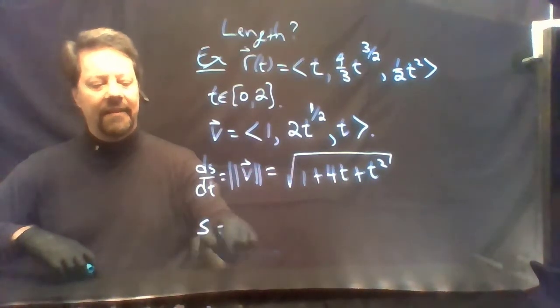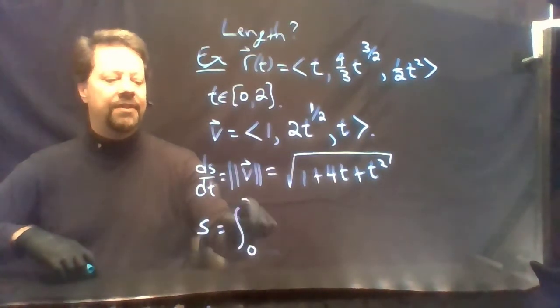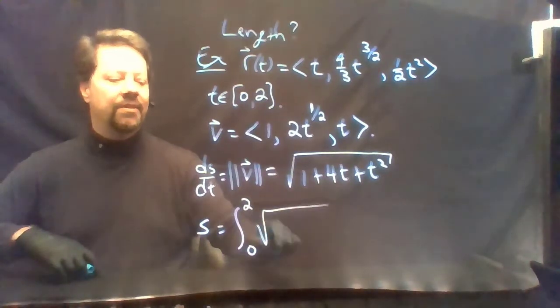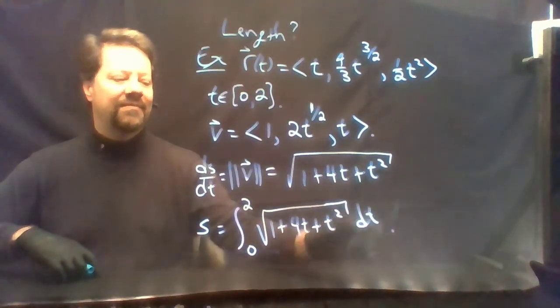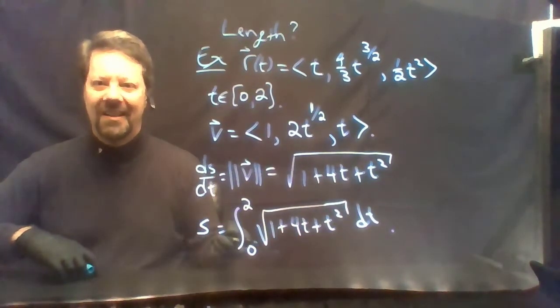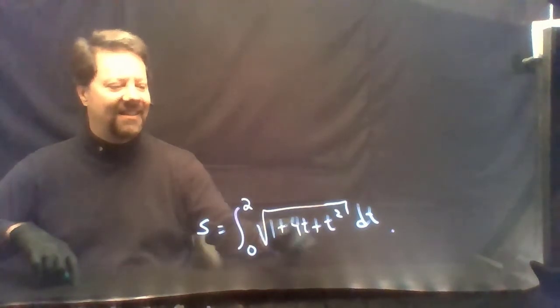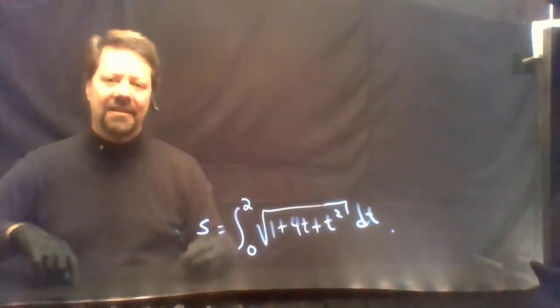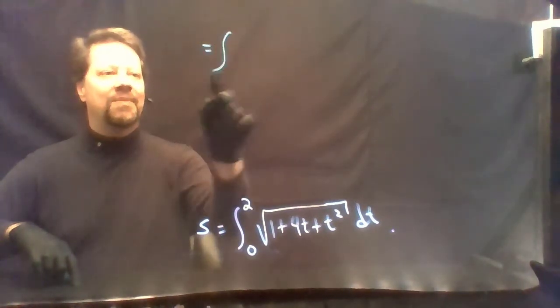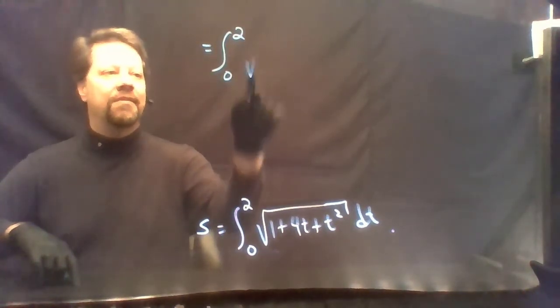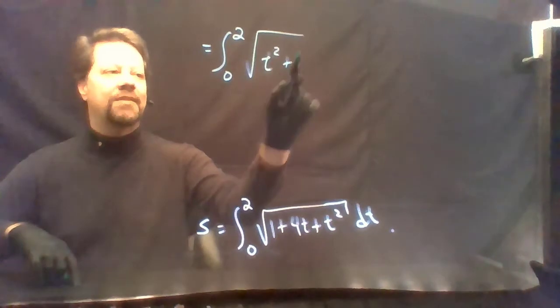The arc length then will be the integral from 0 to 2 of the square root of 1 plus 4t plus t squared, being the method. It's not so easy to factor the stuff under the radical. Let's rewrite this as the integral from 0 to 2, the square root of t squared plus 4t.